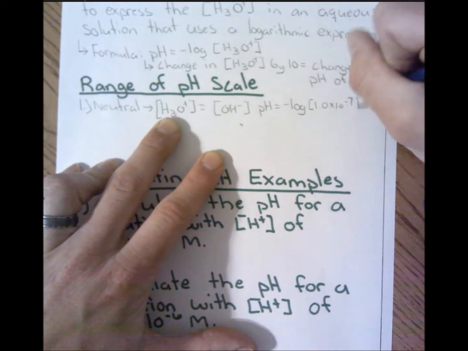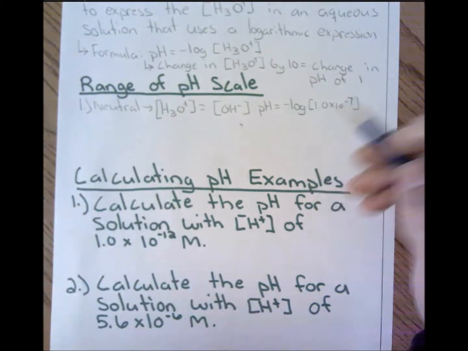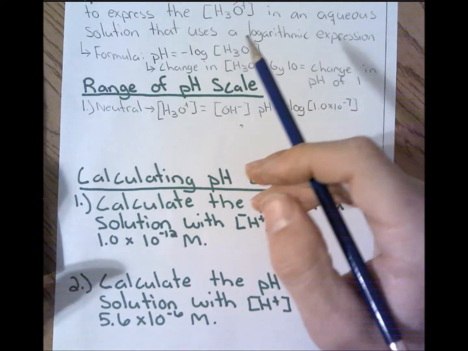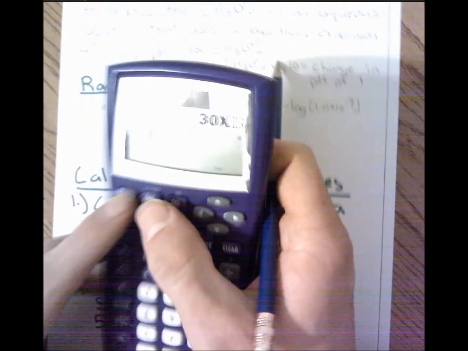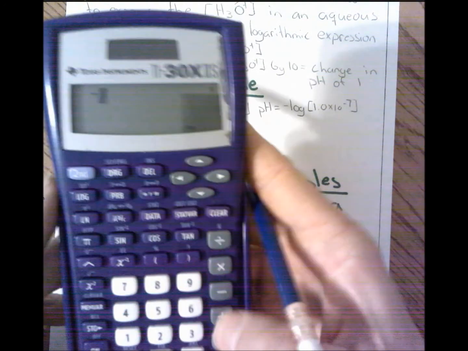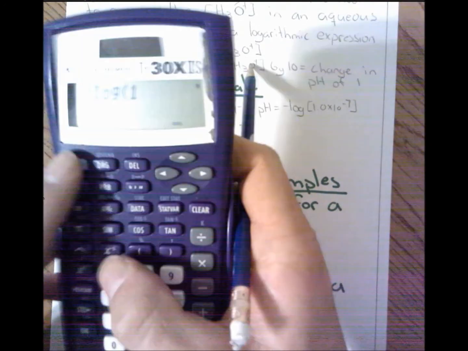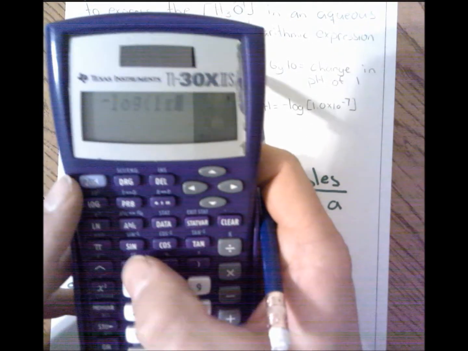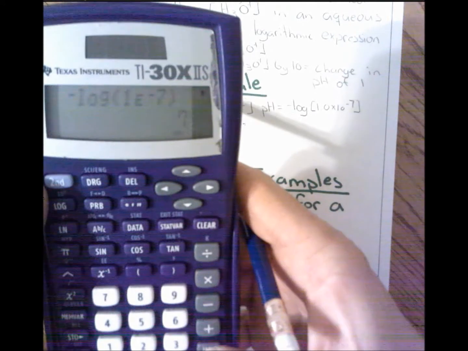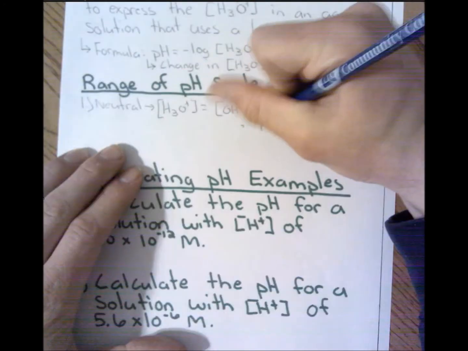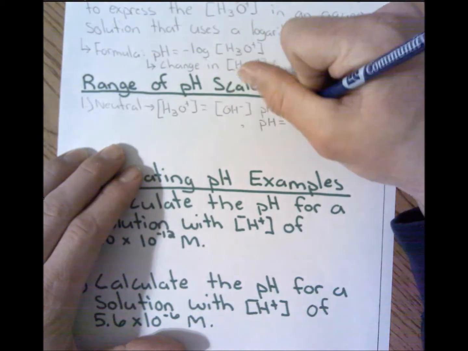If I plug that into the pH formula I just gave you, I get the negative log of 1 times 10 to the negative 7th, and that gives a value of 7. So the exact value for a neutral pH is exactly 7.